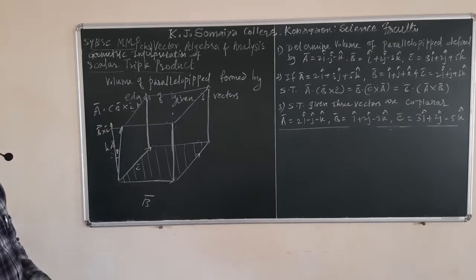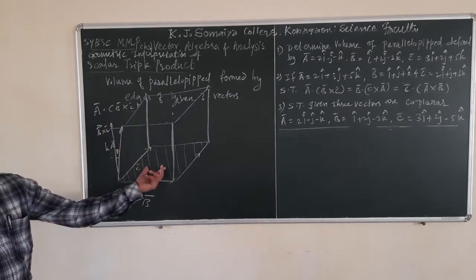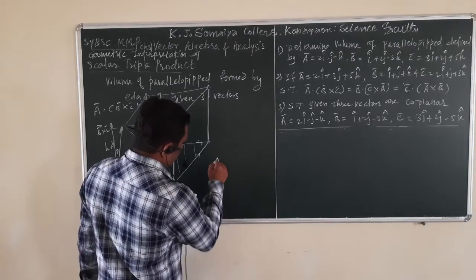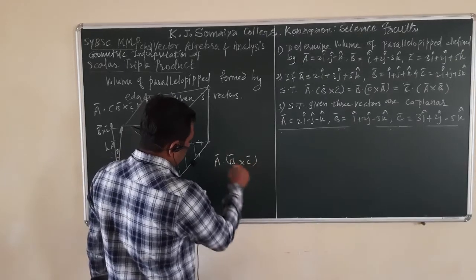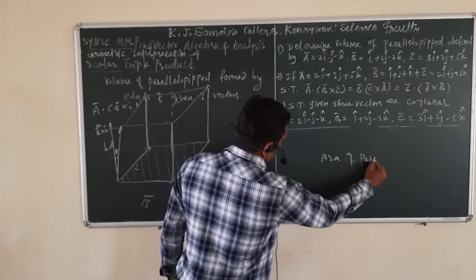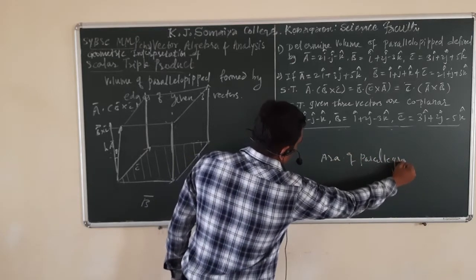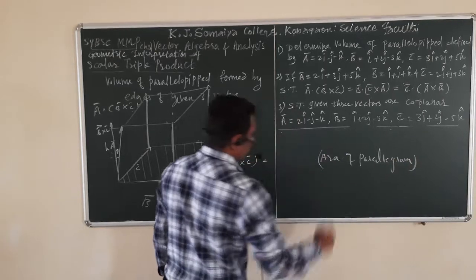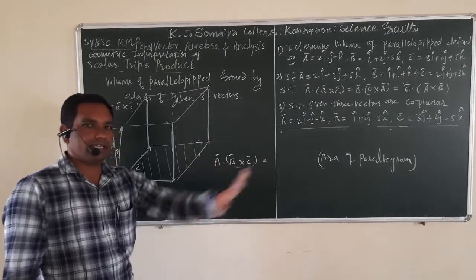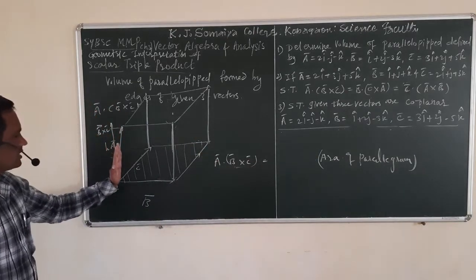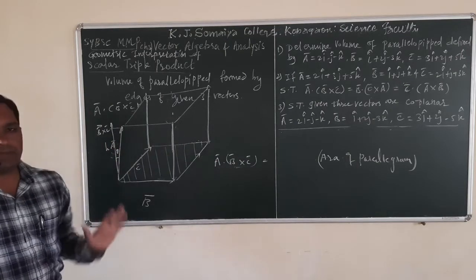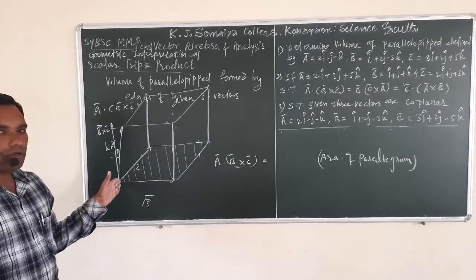We know that B cross C is the area of the parallelogram. A dot B cross C is nothing but the area of the parallelogram multiplied by A cos theta. A cos theta is the projection of vector A on the B cross C vector, which is perpendicular to this plane.